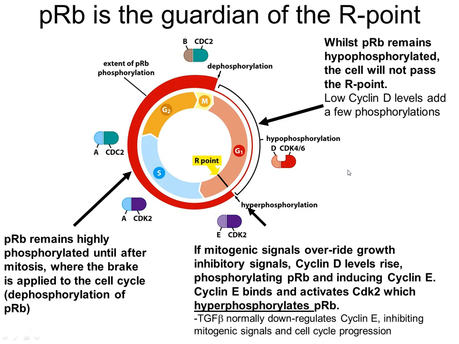Now this slide shows what's going on in the cell cycle with respect to retinoblastoma. So we've got our G1, S, G2 and M phase, our R point is there. This little red line here represents the degree of phosphorylation of retinoblastoma.